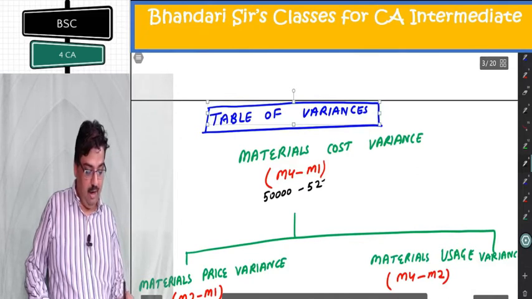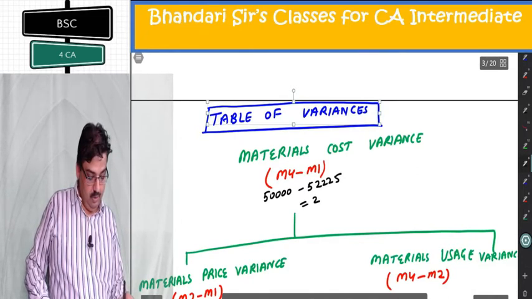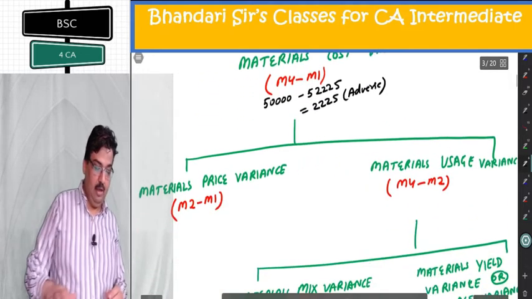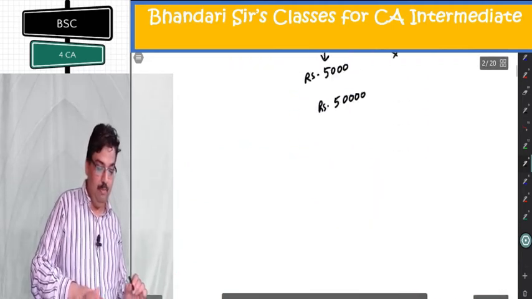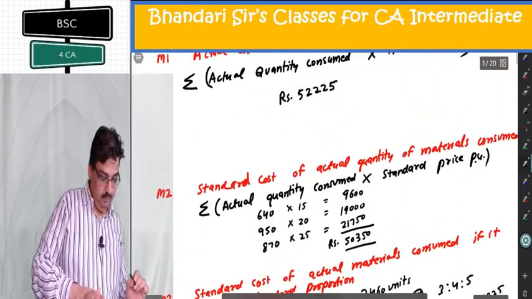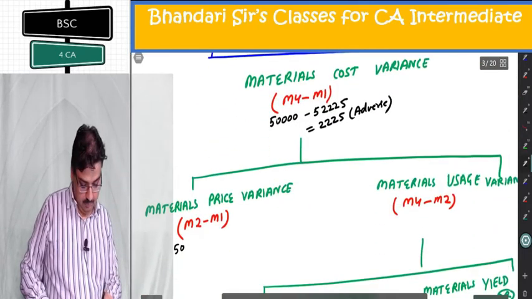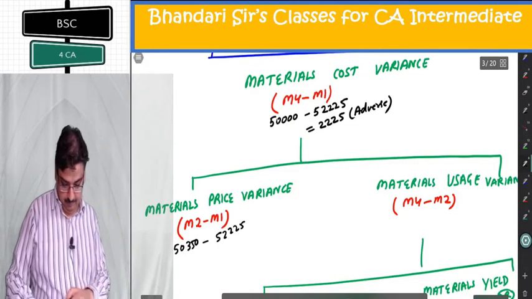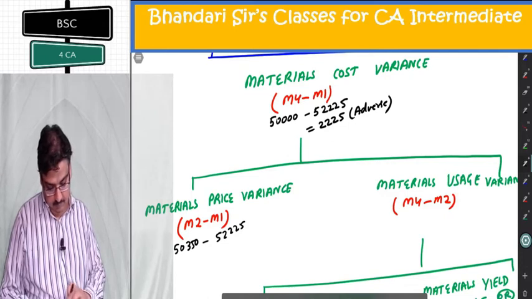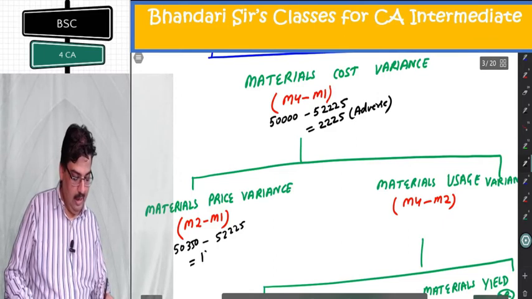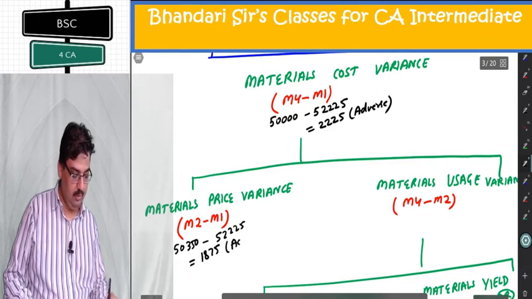50,000 minus 51,225 gives 1,225 adverse. Then M2 minus M1. M2 we computed 50,350 minus 51,225, which is 875 adverse.